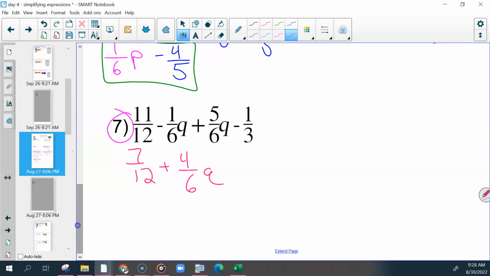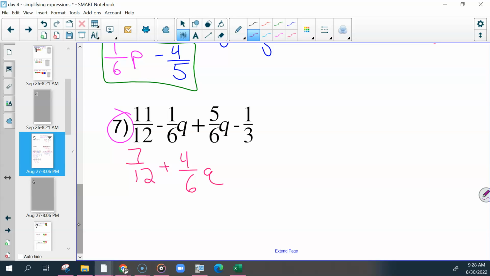Unless I did see your hand. I simplified the 7/12 to 3. So this one, can this be simplified?